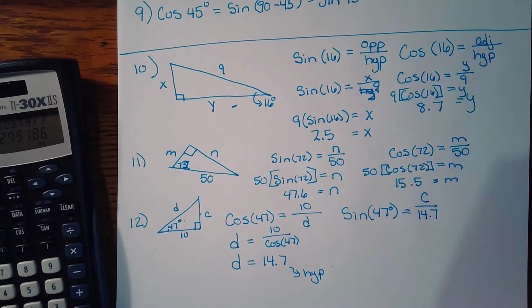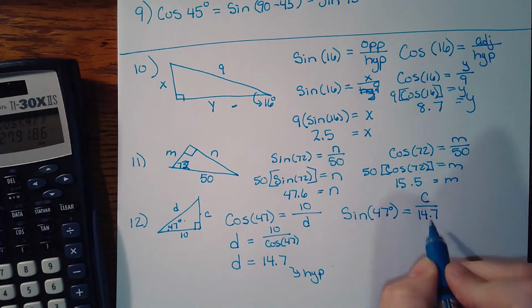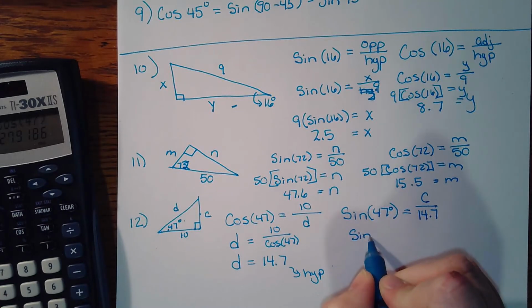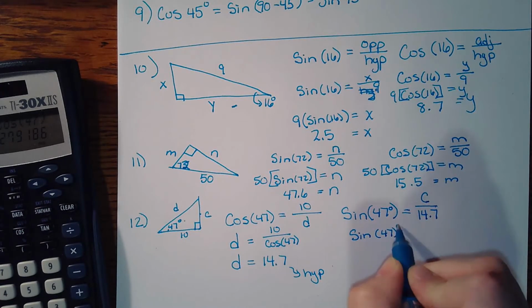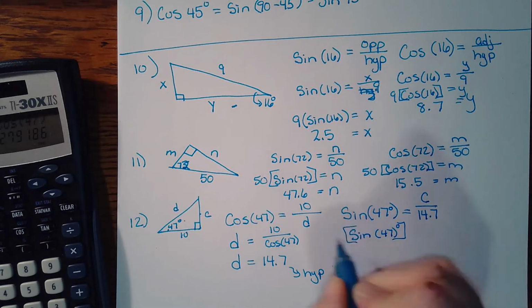You could not do sine first without doing cosine because we didn't have the opposite leg, we had the adjacent leg. So this is just going to come up by multiplication: sine 47 degrees times 14.7.